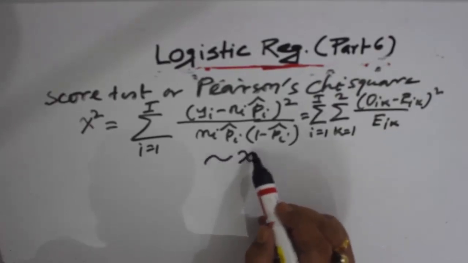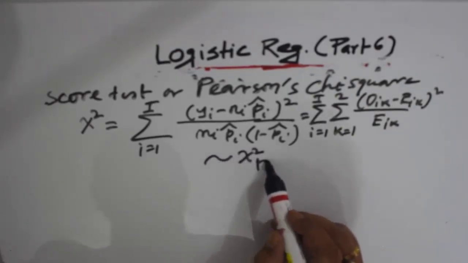Again this follows chi-square with p degrees of freedom.